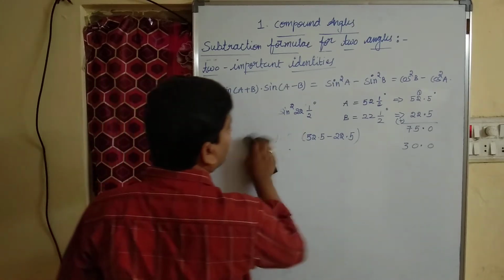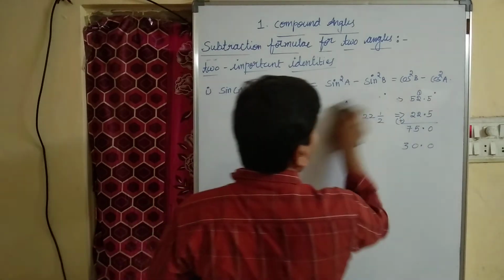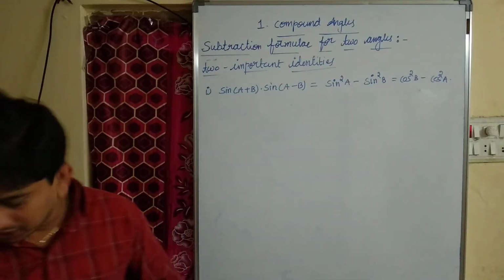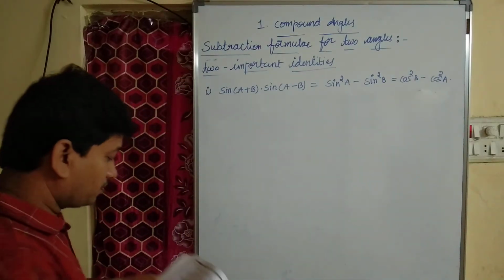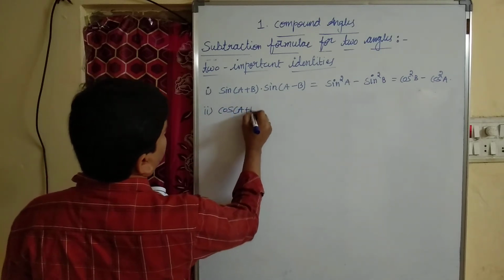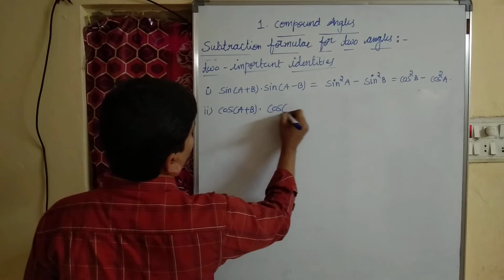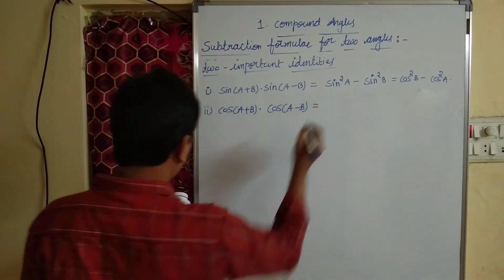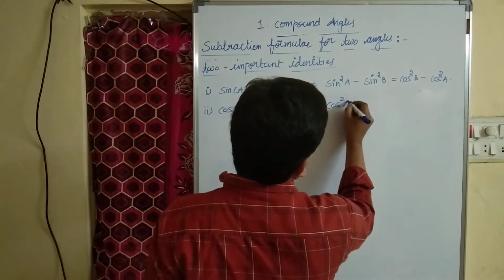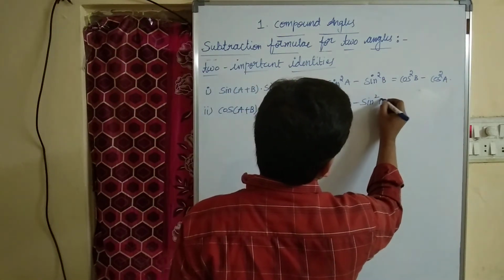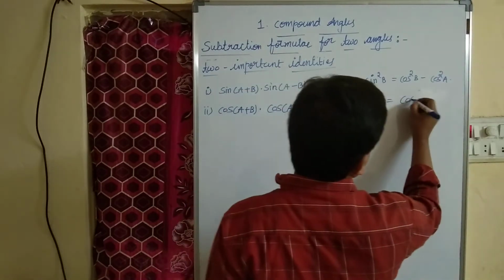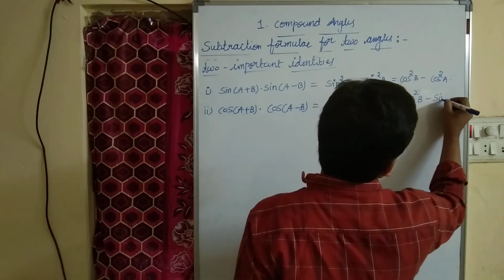Now let us go with the second important identity. That is cos (a plus b) into cos (a minus b), which is equal to cos square a minus sin square b, or else cos square b minus sin square a.